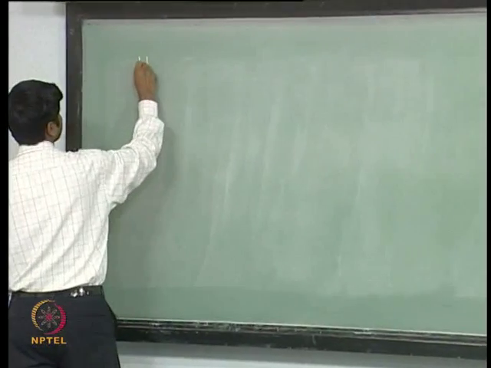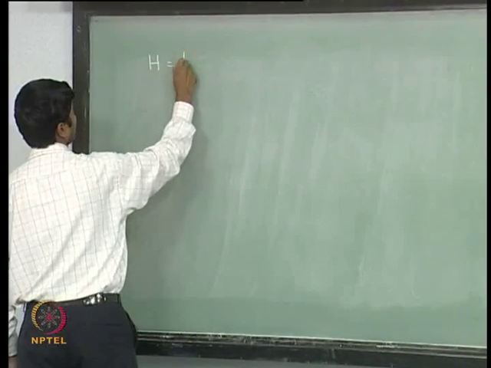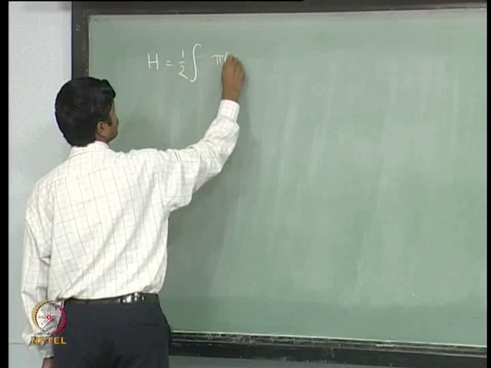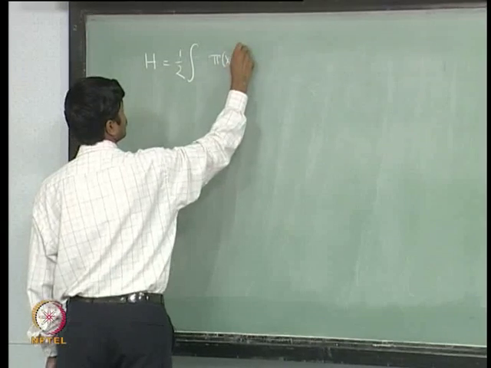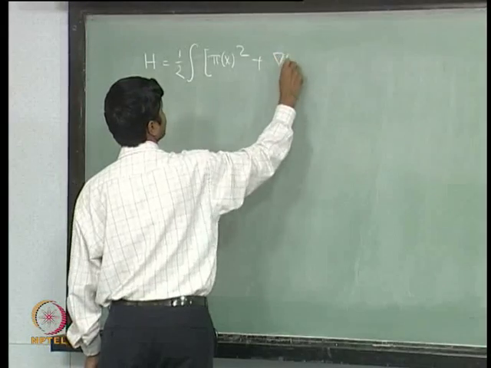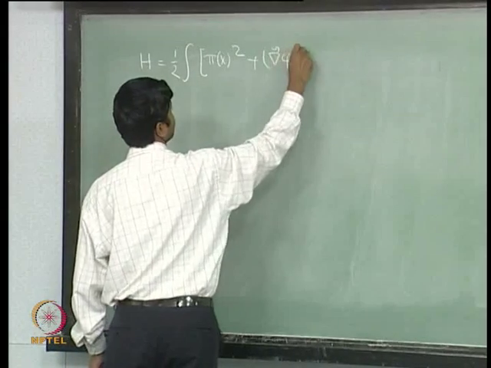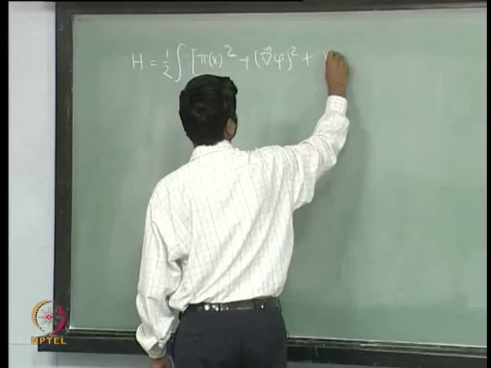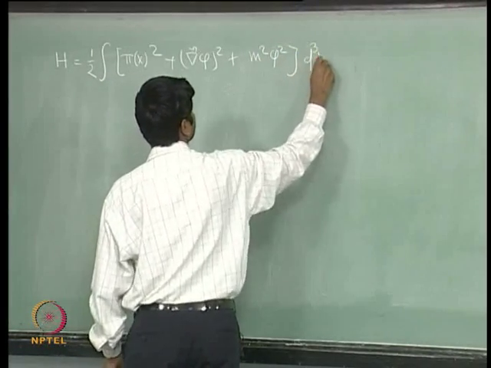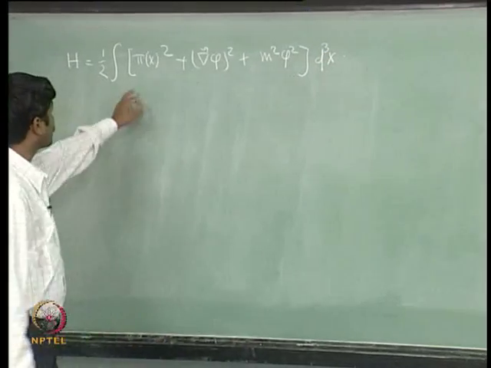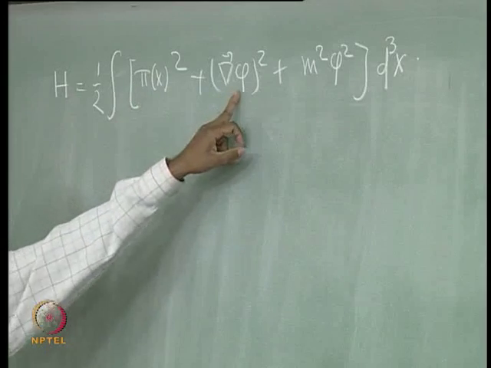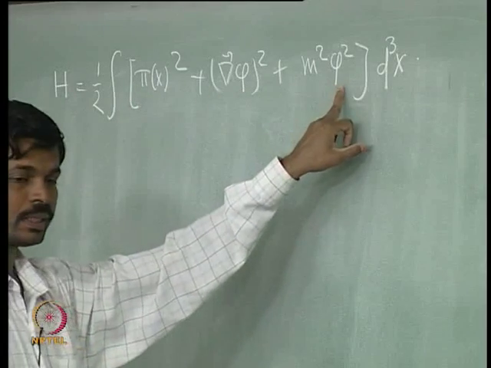So, the Hamiltonian is H equal to half... Now, we have to substitute for the expression for pi of x and grad phi of x and phi of x here.